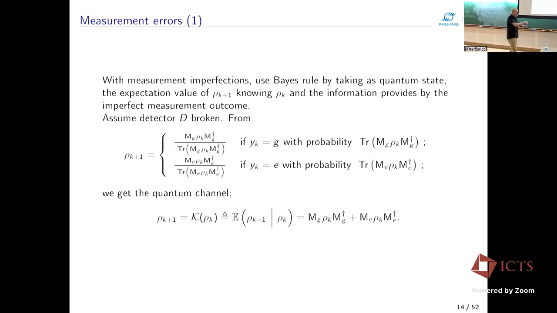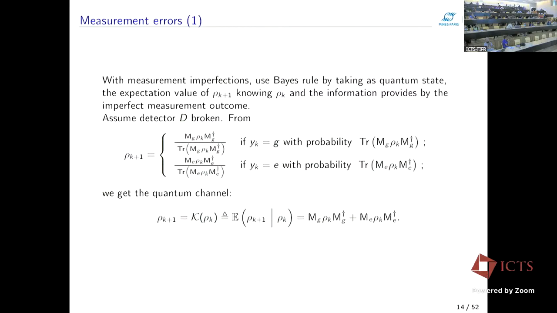This is the worst imperfection that you can imagine on your detector. You have to do something, because you have sent an atom, and it has to interact with a photon. It is as if you should have a measure, but the measure is not given to you. So you do not have this information, because this stupid detector doesn't work.